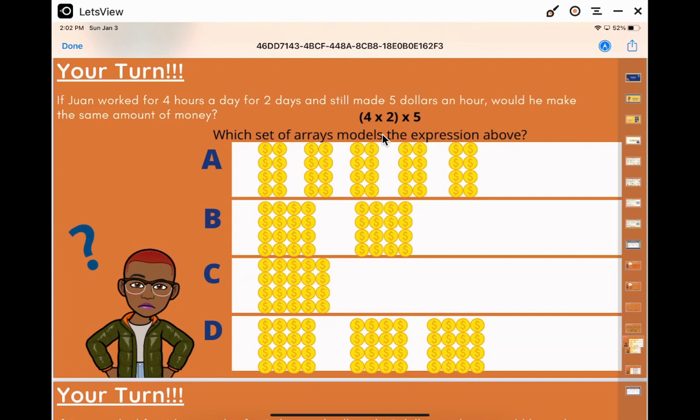Our expression has parentheses around 4 and 2. So 4 times 2. Let's see, I've got in A, 1, 2, 3, 4 rows and 2 columns all the way across, which would be a nice model for 4 times 2. And then my last factor was times 5. And this array appears 1, 2, 3, 4, 5 times. So your correct answer would be A.